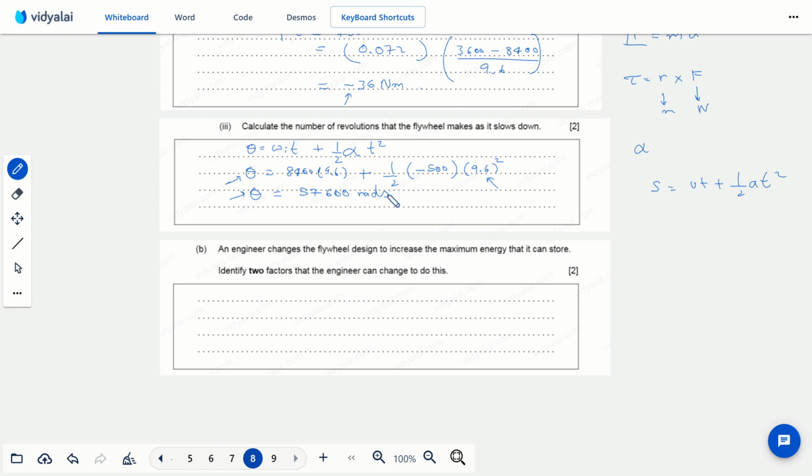Having known this angle, we also know that one complete circle would require 2 pi radians. How many revolutions would we have for 57,600 radians instead of 2 pi? We can calculate that using this formula, x revs.